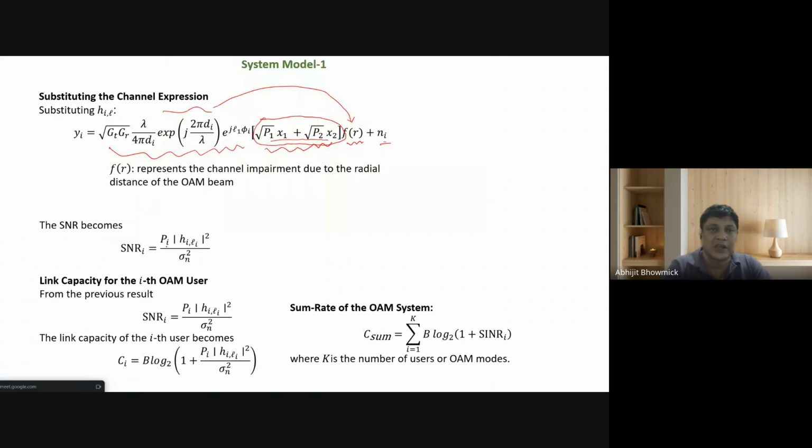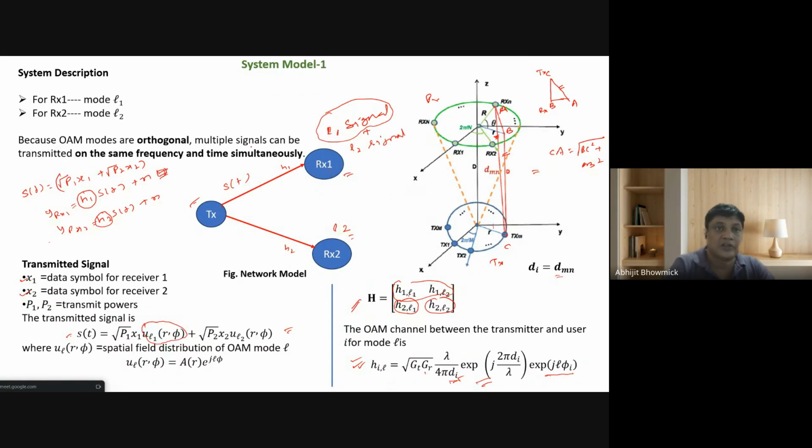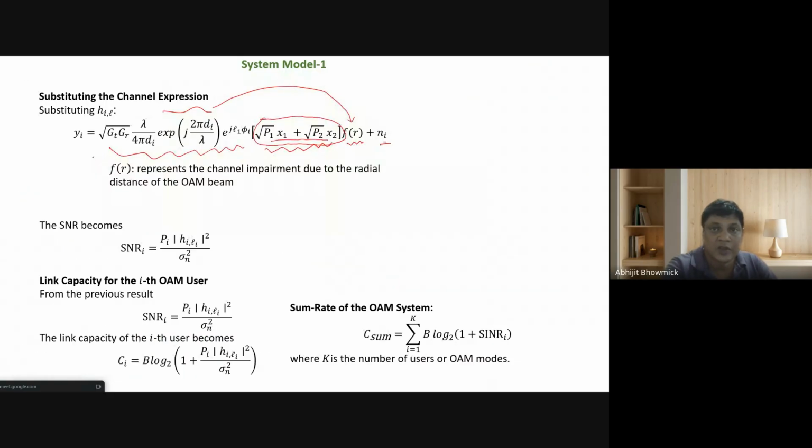So that's what you can see here, that SNR is equal to P|H_il|^2 divided by sigma_n^2. If we think about a normal communication, I'm writing it once again. From the point of view of receiver 1, RX1, Y_RX is basically H1 into S plus noise. What is S? S is square root of P1 X1 plus square root of P2 X2.